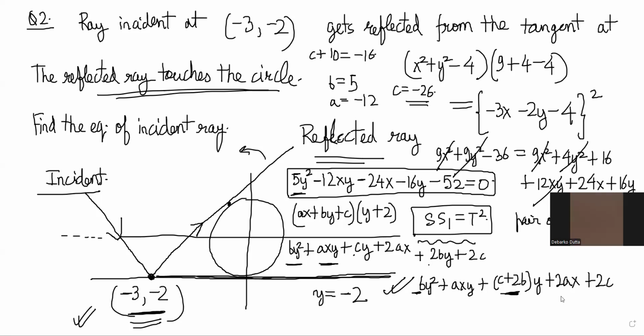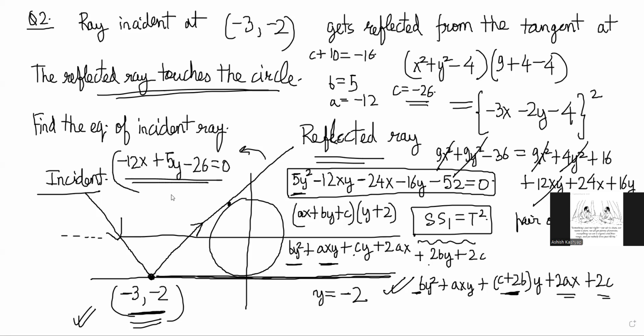Yes, sir. 2a is fitting and 2c is also fitting. So the equation of our tangent has come. It is minus 12x plus 5y minus 26 equals 0, right?